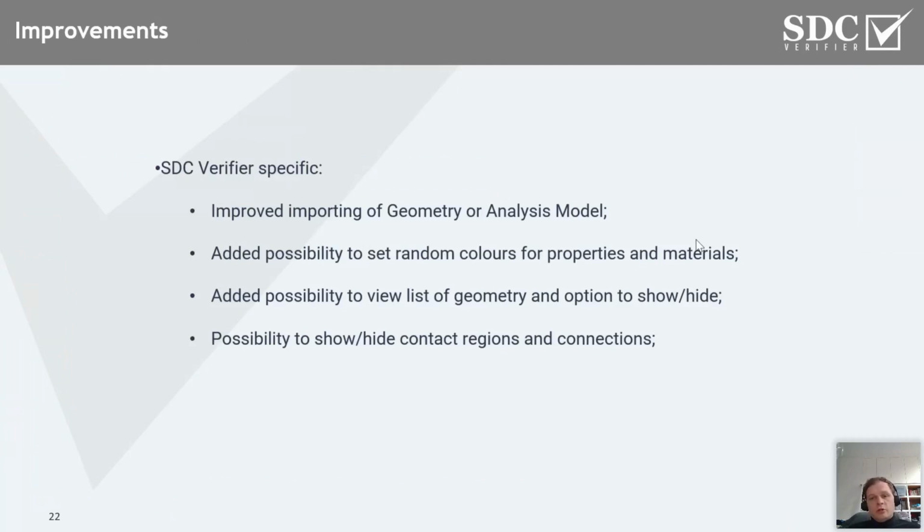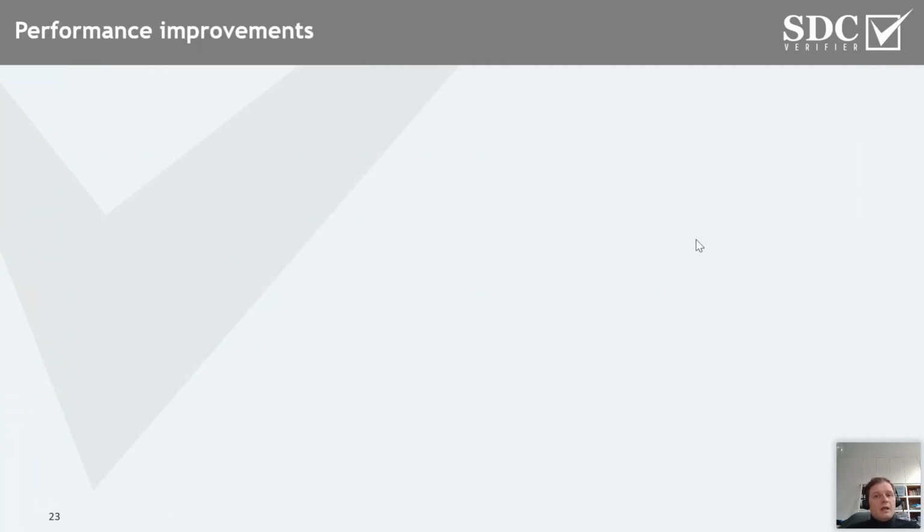Possibility also to show and hide contact regions, connections, spider nodes, I believe, RB elements, and things like that. So improvements to graphics, improvements to visuals, and additions to modeling interfaces, as well as importing of geometries and importing of analysis models.